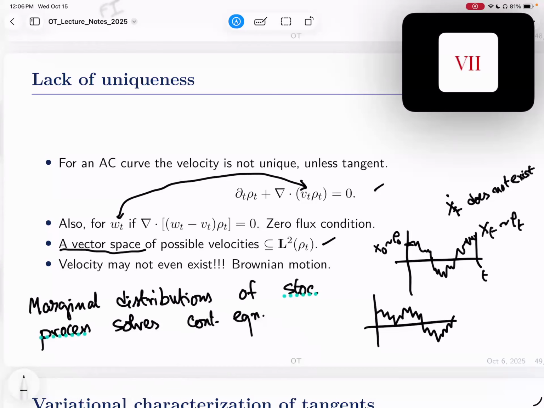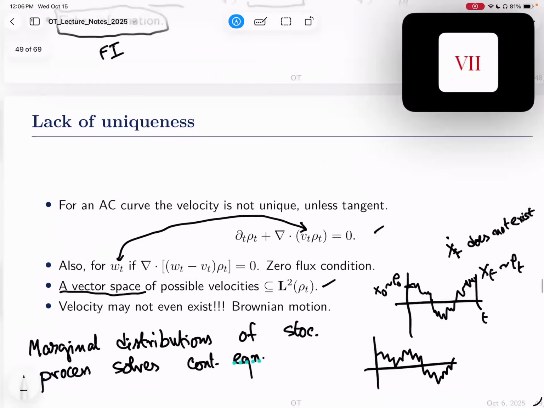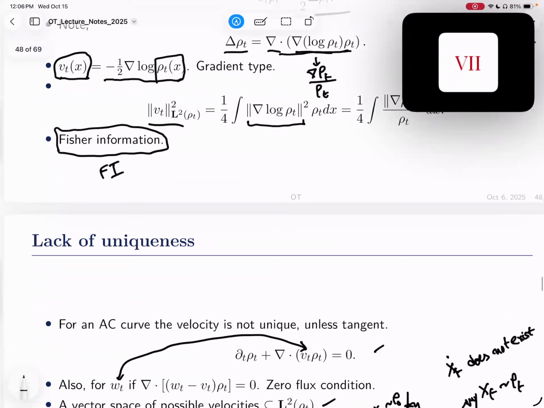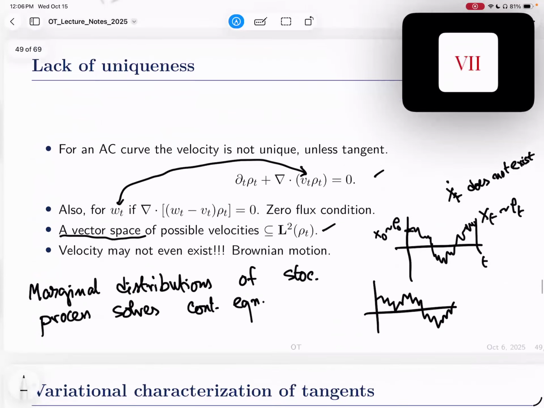But the joint distributions can be arbitrary. They can be completely different. The two-point joint distributions of Brownian motion are completely different than the joint distribution of this particle system, which has smooth velocity fields. So it only tracks the marginal distributions.